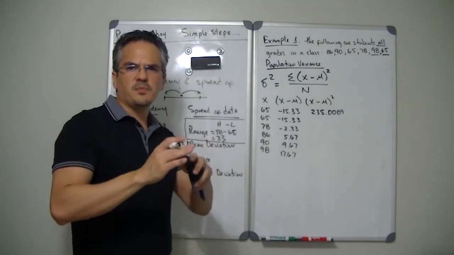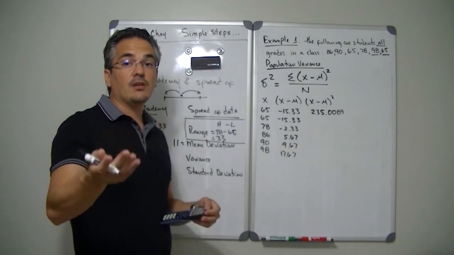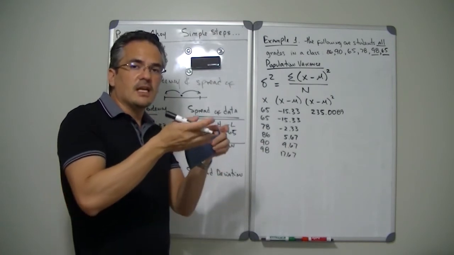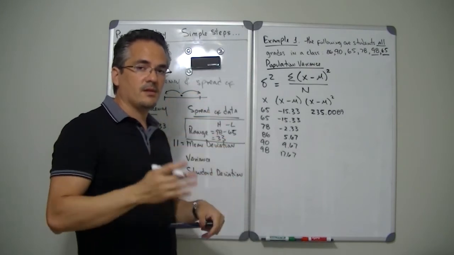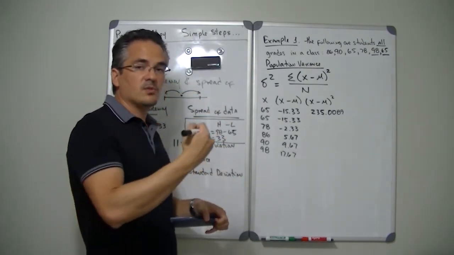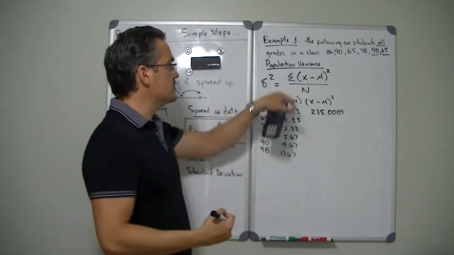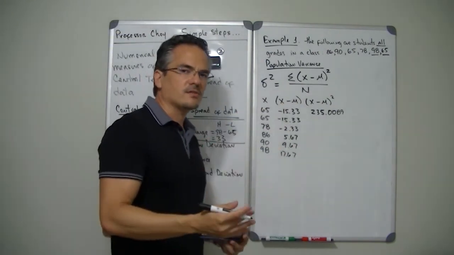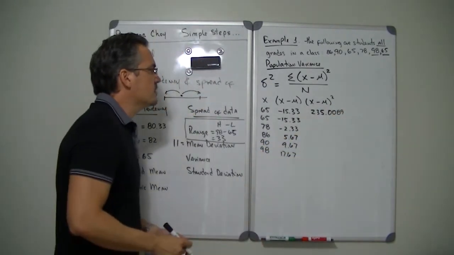If you put the decimal spot a little bit lower or higher, you may get it wrong, even though you did the math correctly. It's just that the program wants a specific answer with a specific decimal spot. So the more decimal spots you carry, the better, because at the end, when you round it, you get the right answer. So let's carry 4 decimal spots, even though it takes more time.